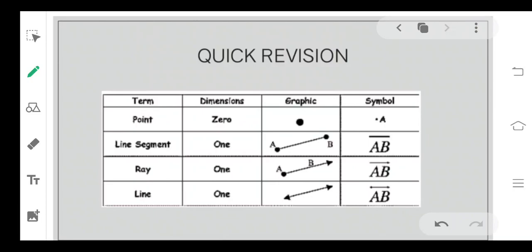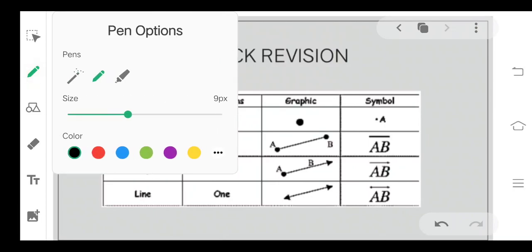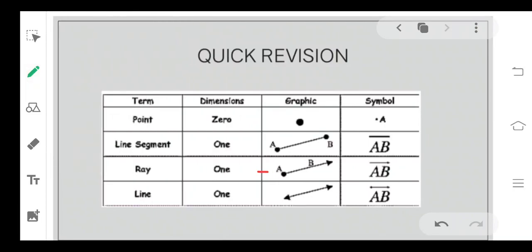Graphically it is denoted like this and written as AB. Next is line, again one dimension, and the graphic is this way, and symbolically it is written as well.